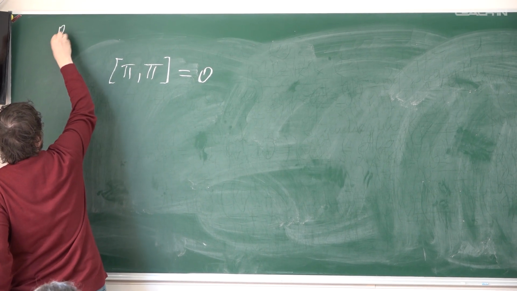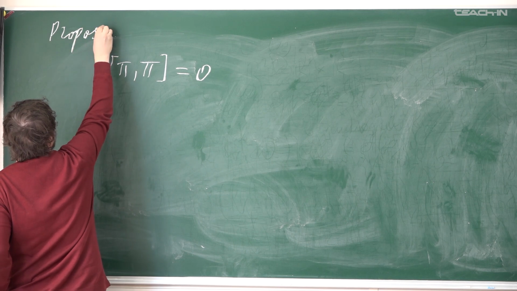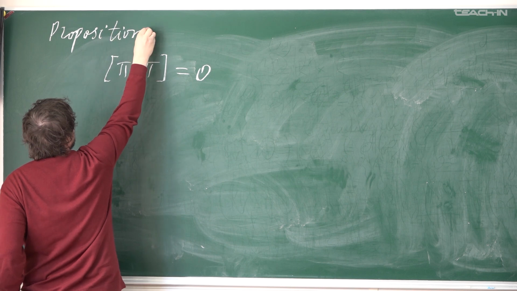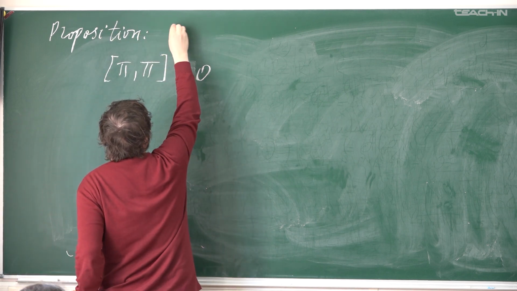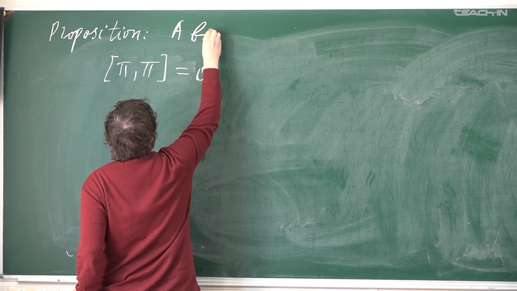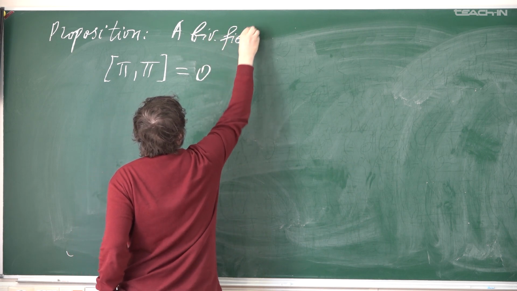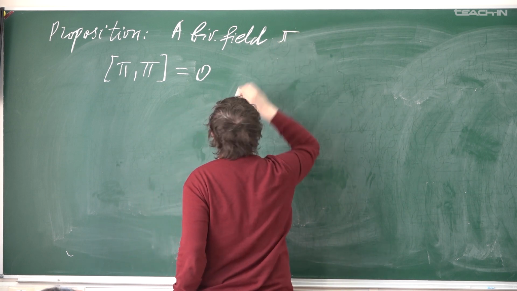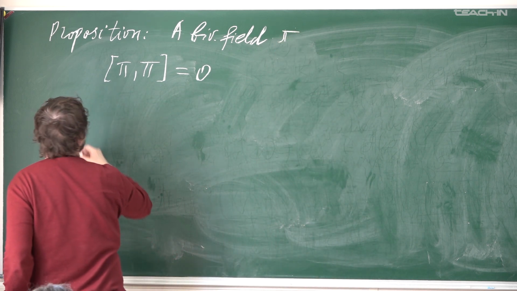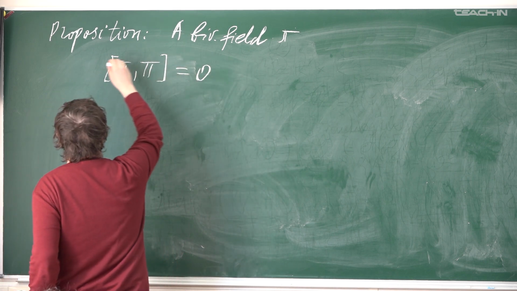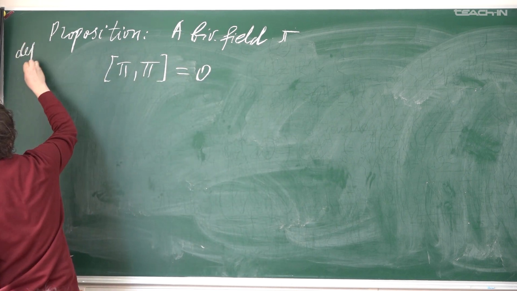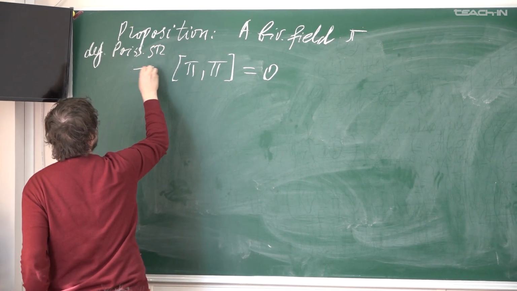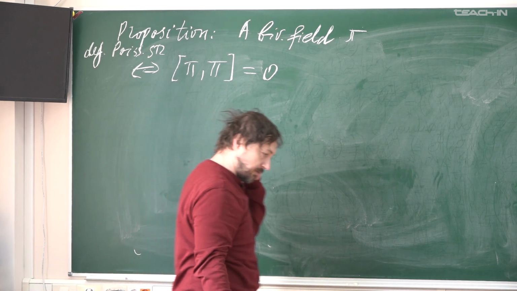I think it's a proposition, not some big theorem. And this proposition says that a bivector field pi defines a Poisson structure if and only if this holds.